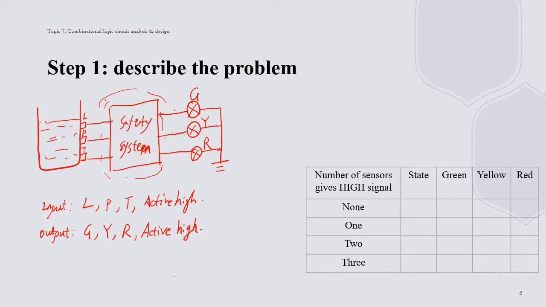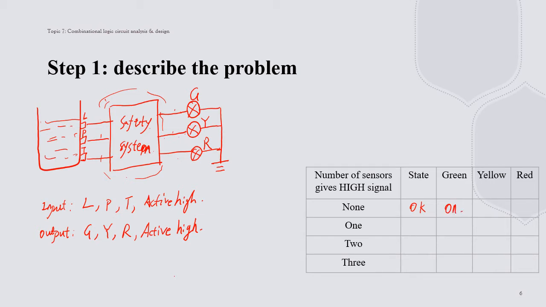The impression we have now is that the three lights being on or off depends on how many sensors give signals, right? If no sensor gives a high signal, this is the OK state. In the OK state, the green light should be on. Now, what?